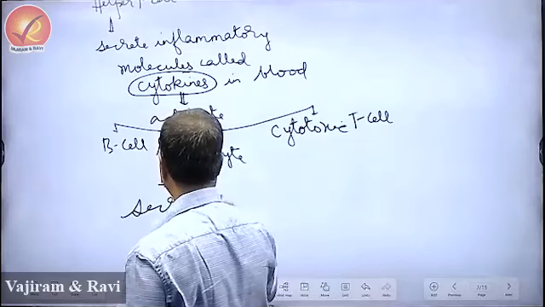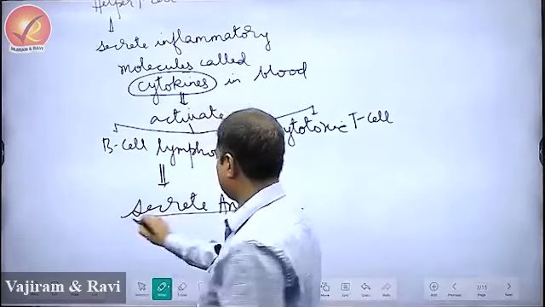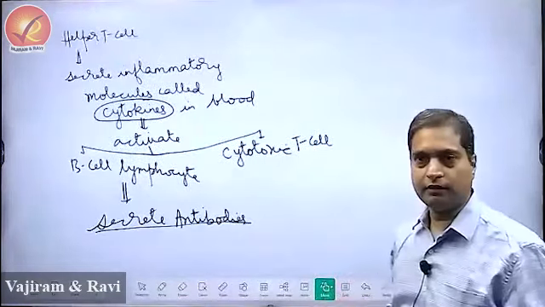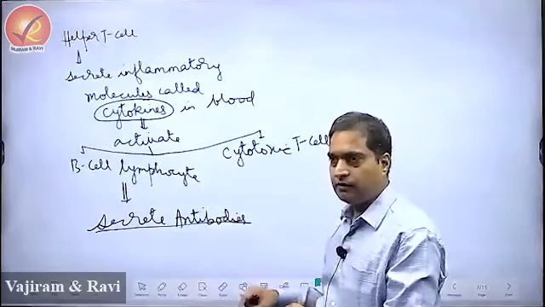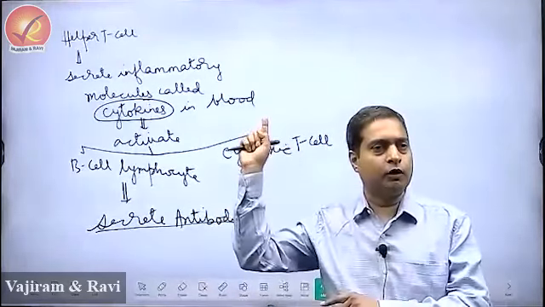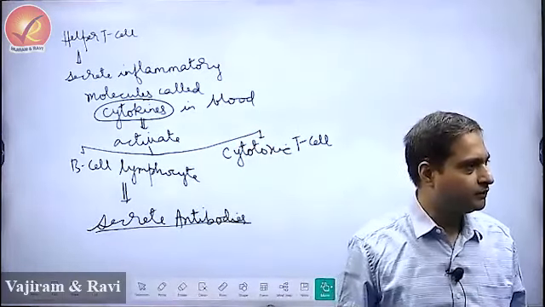Antibodies, to prevent the virus attachment or infection. So B cells are acting to secrete antibodies to block the virus attachment, but that is under the command and control of what? Cytokines released by the helper T cell lymphocyte.